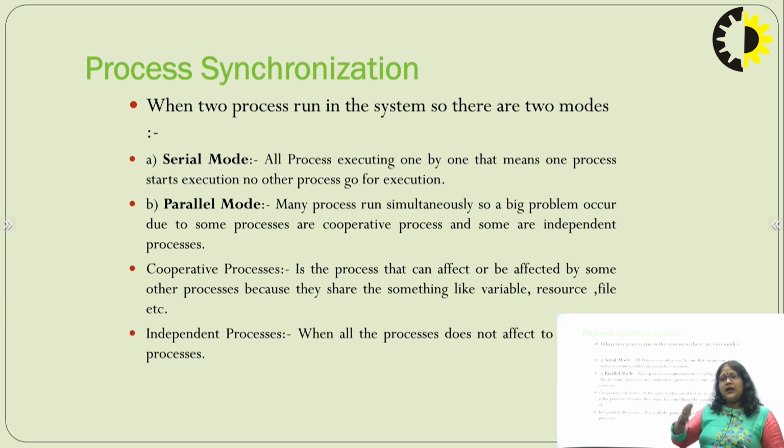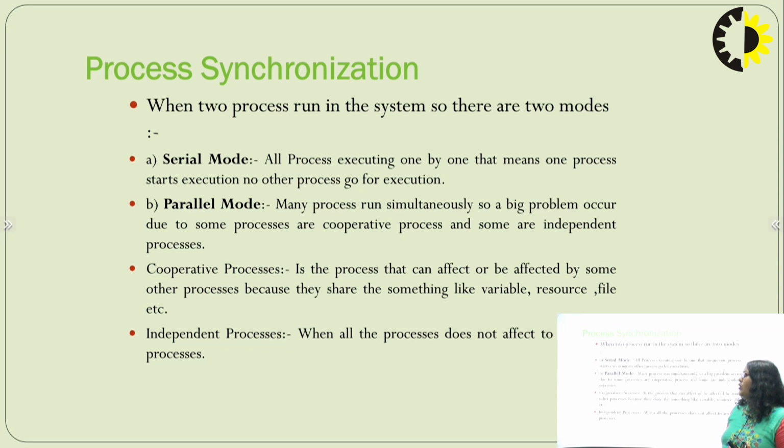One process starts its execution, and at that time no other process goes for the execution state, but after the first process completes, the second process goes for the execution state. So this is the serial mode.